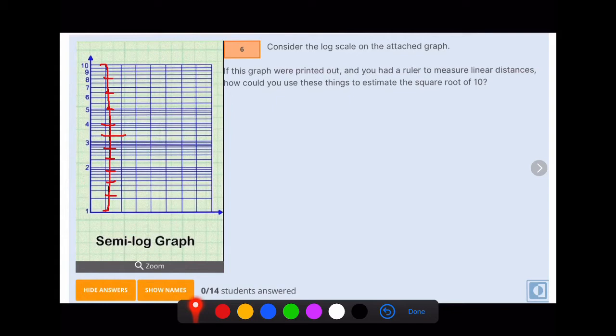So I'm assuming here that there's 1 unit of distance between where the 1 is printed in blue on the semi-log graph. Between there and where 10 is printed, that's 1 unit of distance, and in the linear distance there is 10 centimeters. So that's my 1 unit.